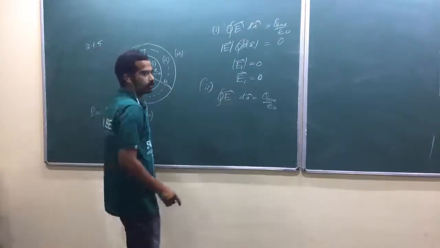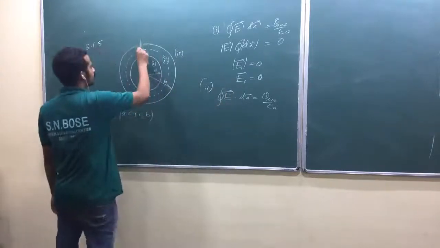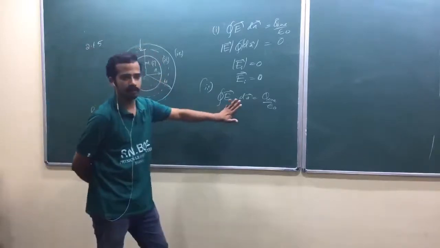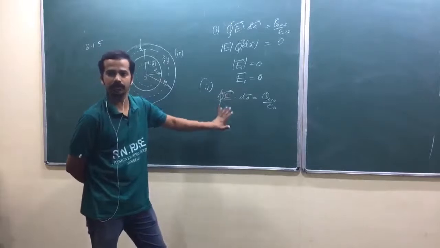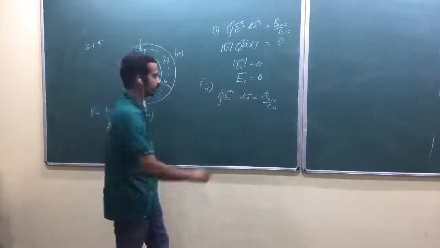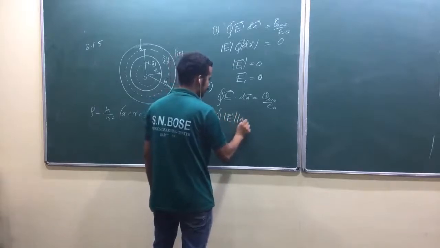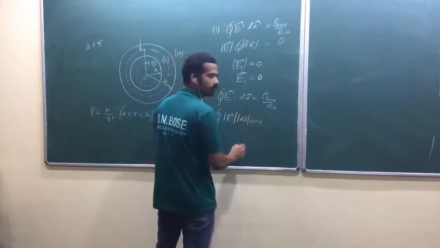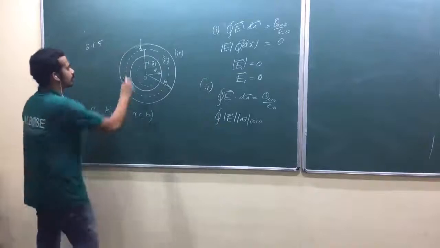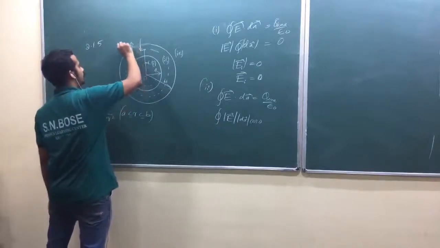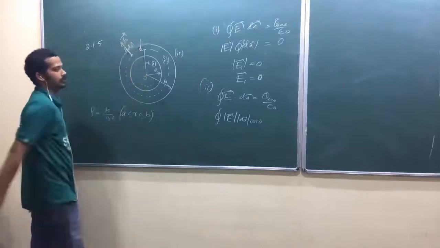This is my Gaussian surface. Throughout that surface, the electric field and the dA vector are in the same direction, and the electric field is constant throughout the surface. Can I write like this? Mod of E, mod of dA, cos 0. Wherever you take it on the Gaussian surface, the dA vector and the electric field are in the same direction.